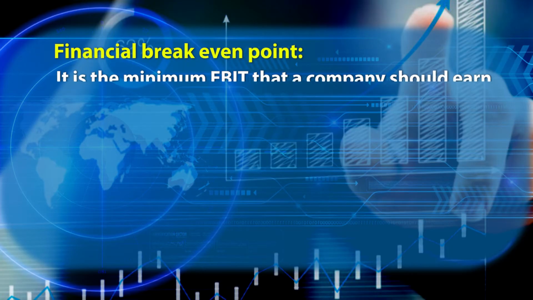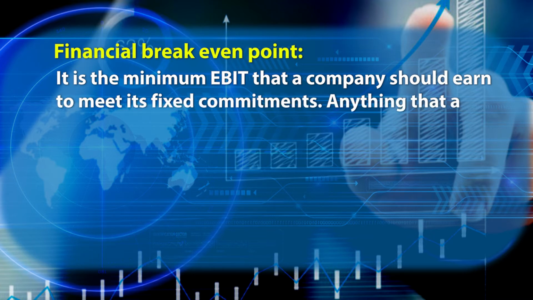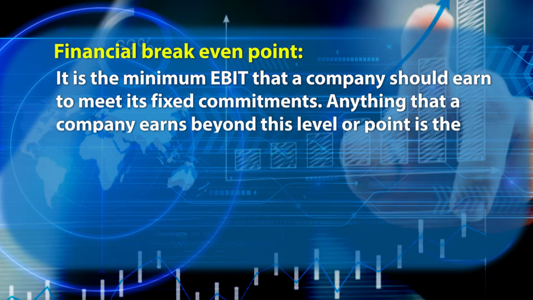It is the minimum EBIT that a company should earn to meet its fixed commitments. Anything that a company earns beyond this level or point is the profit to the shareholders. The degree of financial risk would increase if the financial break-even point increases.